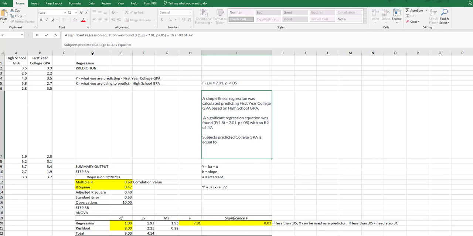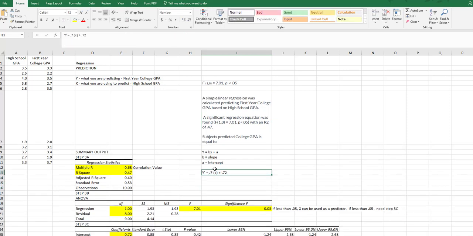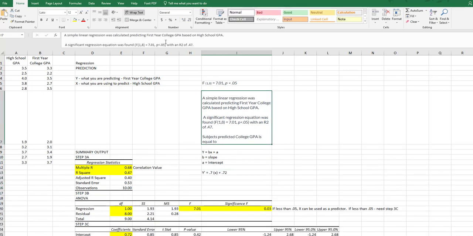Okay, so subjects' predicted college GPA is equal to what? I'm going to highlight and make this into narrative. Okay, is equal to 0.7 times high school GPA plus 0.72.